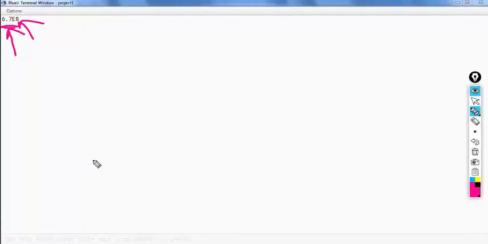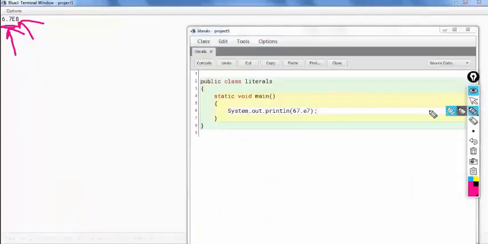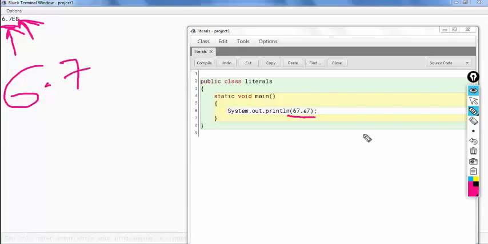So why did it become 8? It was 7, isn't it? If you see, the number here was 7. After E we had written 7, but now in the output it has become 8. What is the reason for this? The reason is that scientific notation can have only one digit to the left of the decimal point. So that is why 67 became 6.7, and we have moved the decimal point towards the left.